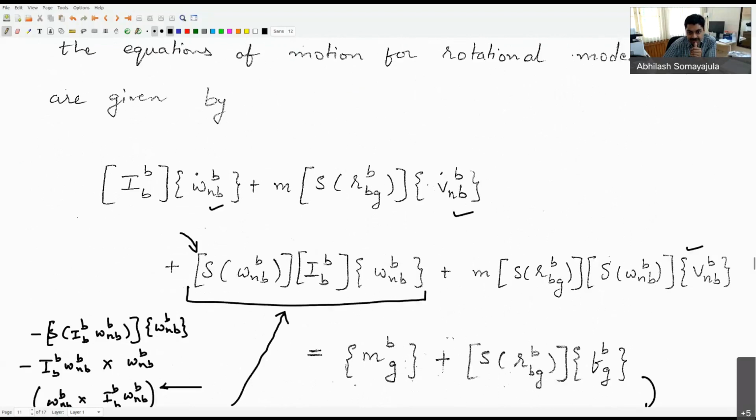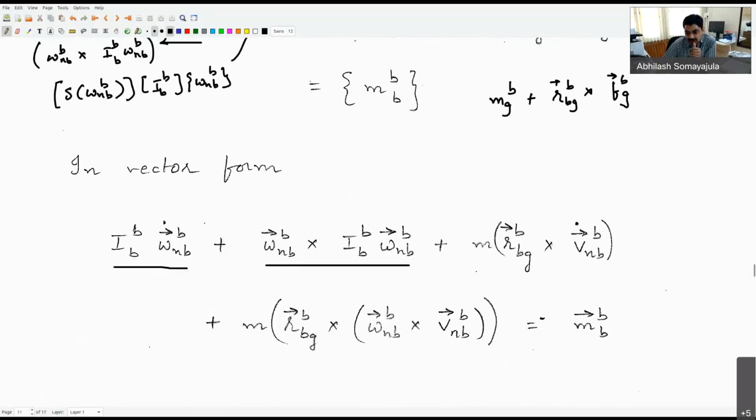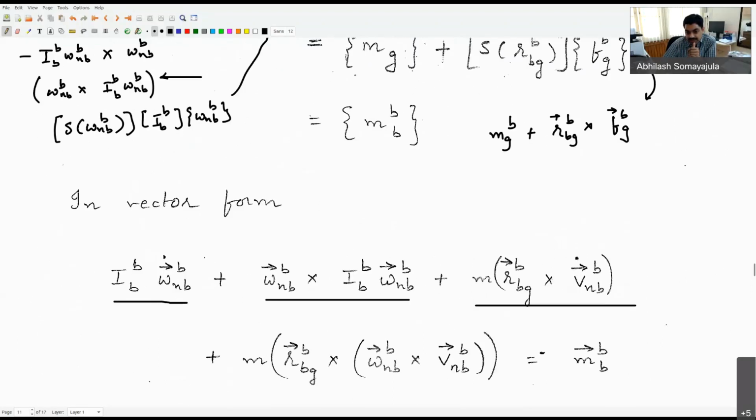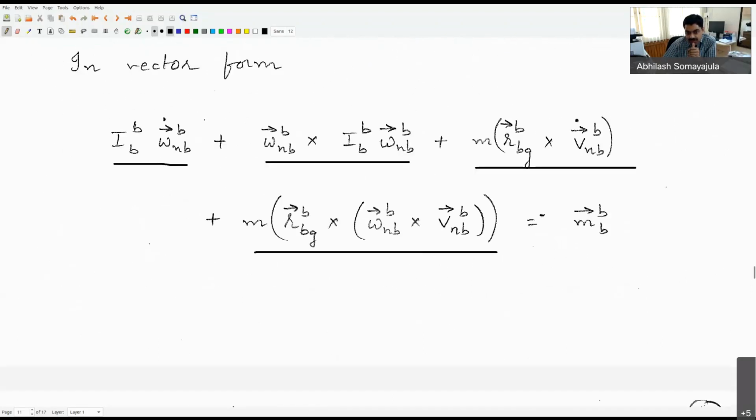Then we go back to this term, R cross V dot. And then finally we have our last term, which is R cross omega cross V. And that must be equal to NBV. Is that making sense?